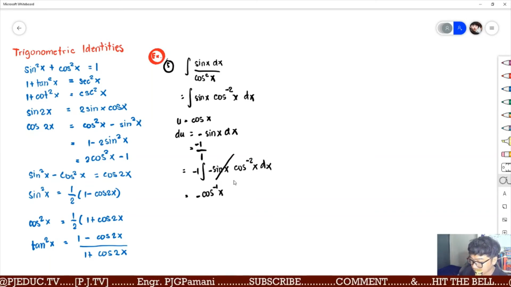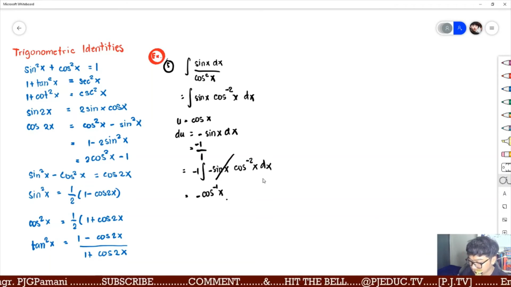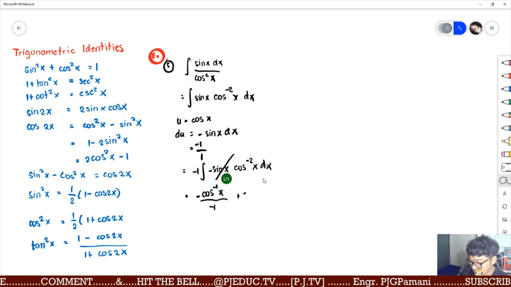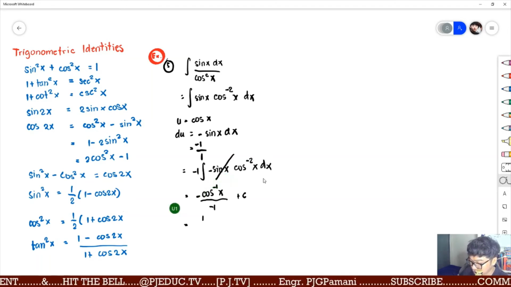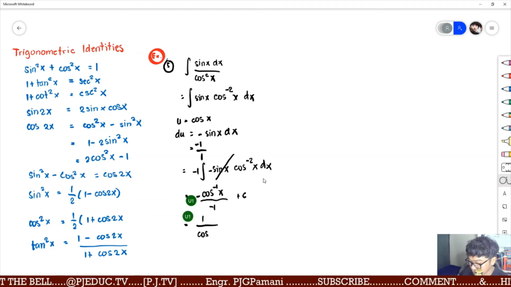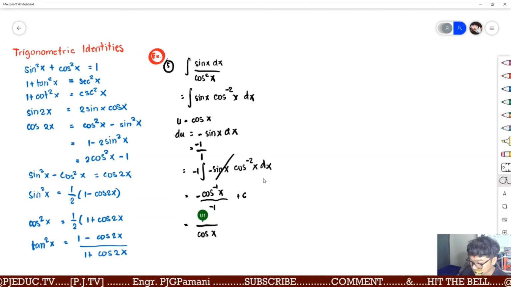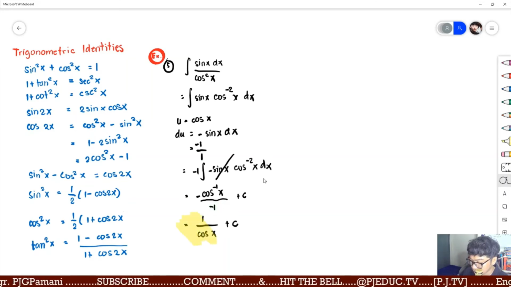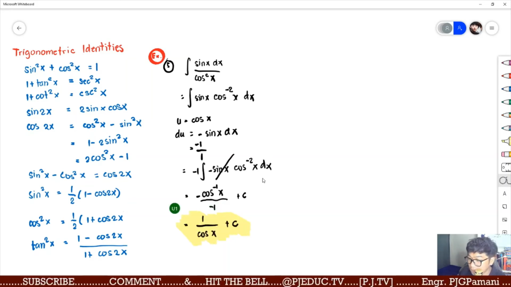Then power formula, negative 2 plus 1 all over negative 2 plus 1, which is now negative 1, and plus c. Simplify, that is now 1 over cosine x plus c. Ito na ngayon yung ating final answer.